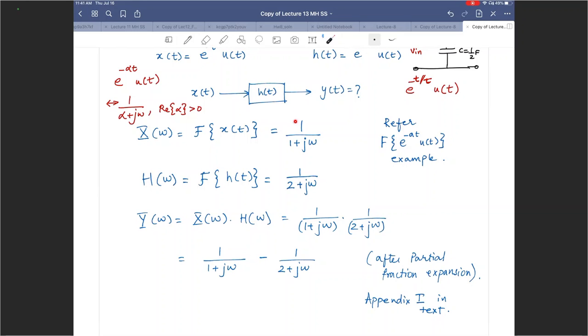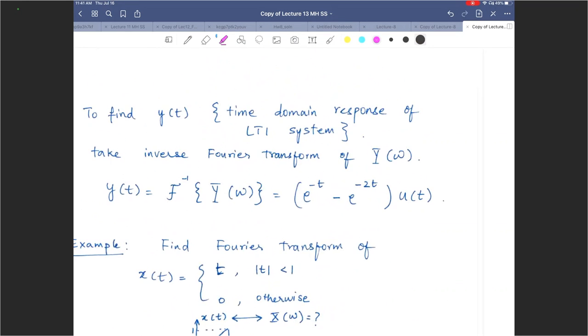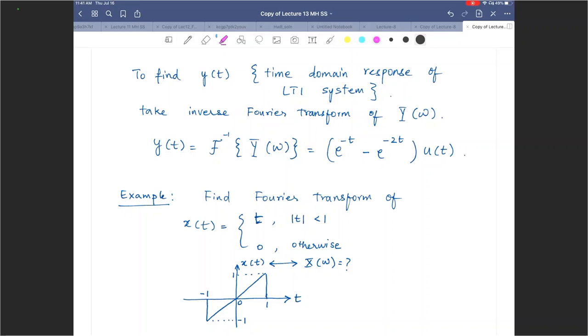Then you simply go back and find the inverse Fourier transform of this minus the inverse Fourier transform of that, which is written out over here. When you find the inverse Fourier transform of Y of omega, that will simply give you e to the minus t minus e to the minus 2t, u of t.